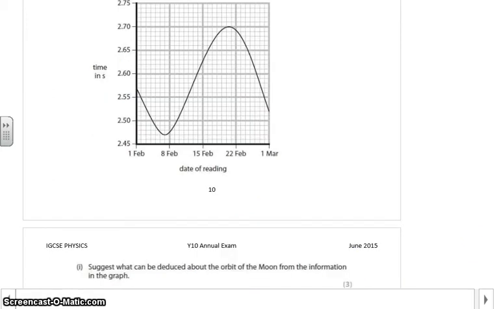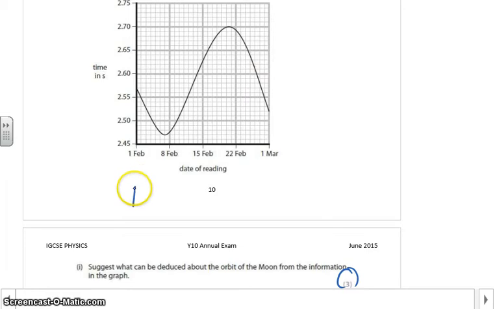For part C of this, it's a 3 mark question that's asking what can be deduced about the orbit of the moon from the information in the graph. You can see that the time varies slightly.